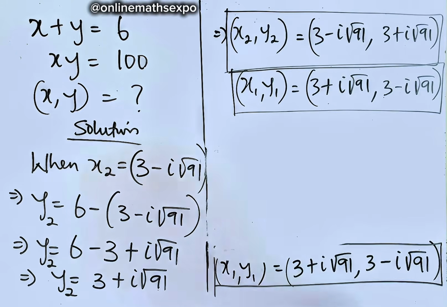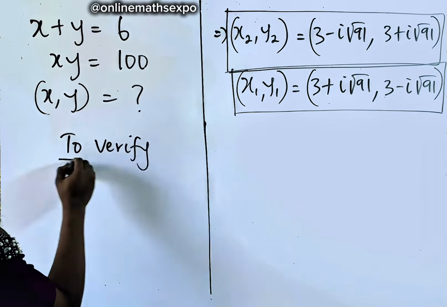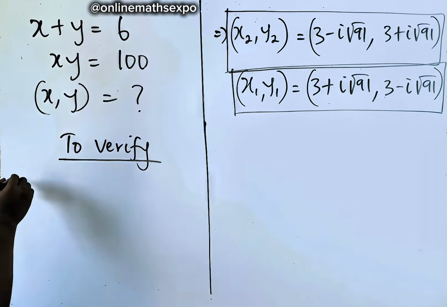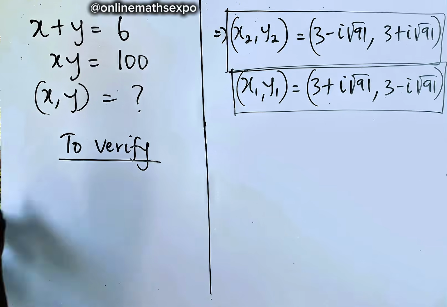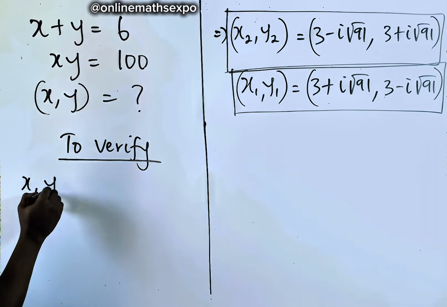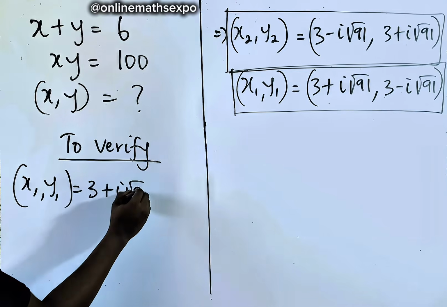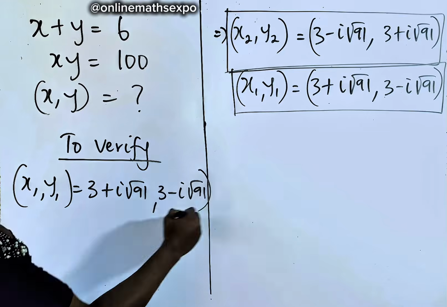To verify, for the first equation we are using this set, x as 3 plus i root 91 and y as 3 minus i root 91.